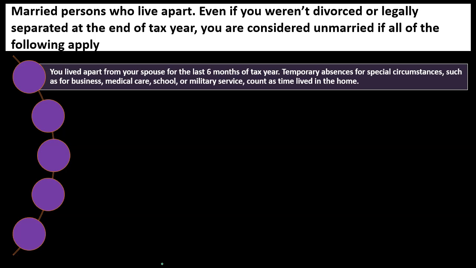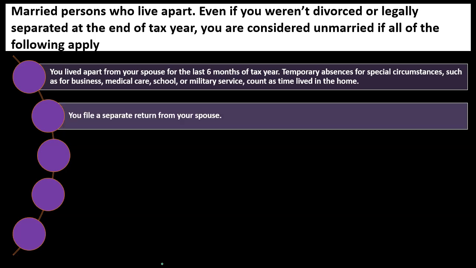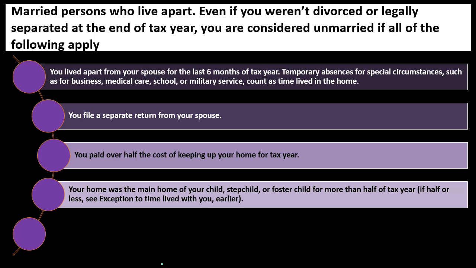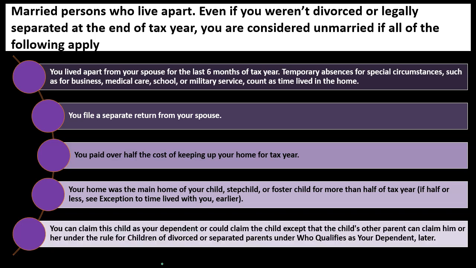Temporary absences for special circumstances such as for business, medical care, school, military service count as time lived in the home. You file a separate return from your spouse. You paid over half the cost of keeping up your home for the tax year. Your home was the main home for your child, stepchild, or foster child for more than half of the tax year. If half or less, see exception to time lived with you earlier.